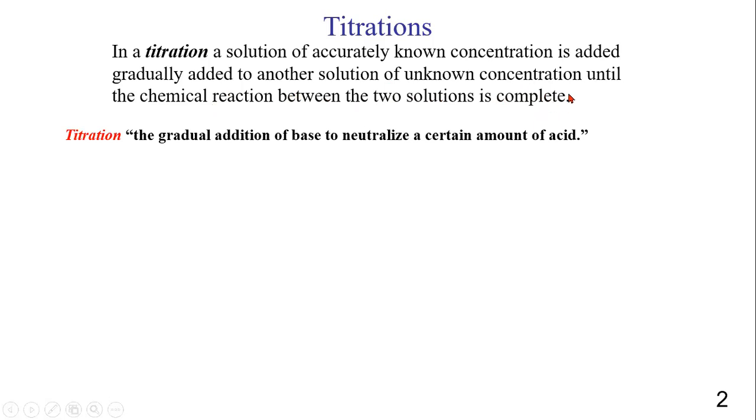A titration is an analytical technique generally used to find the unknown concentration of a certain material. And we neutralize the amount of that material as we add a base, let's say, to an acid. We do a neutralization reaction.